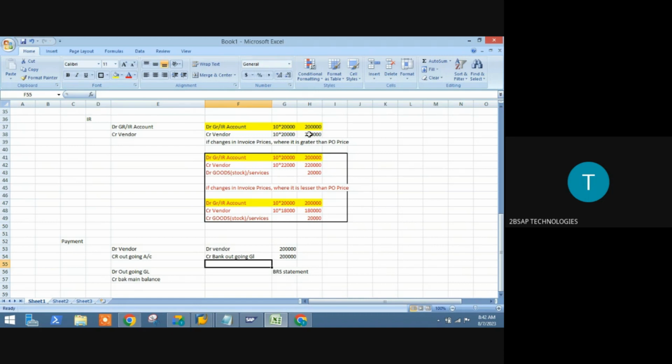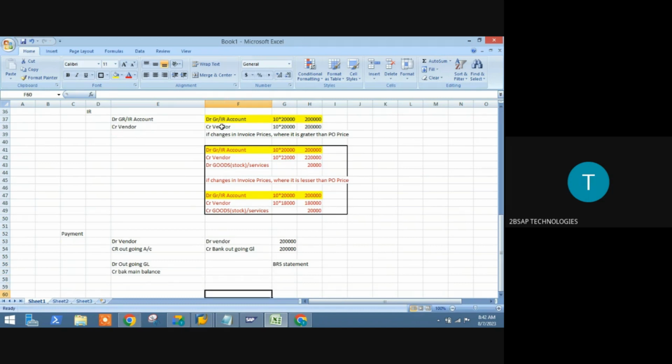Yes, I will come. Okay. So based on your invoice, this is the payment. Assume there are no advances. If there is an advance payment, then you are going to knock off your advances and do your payment.